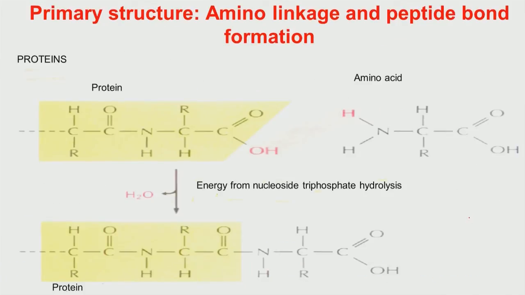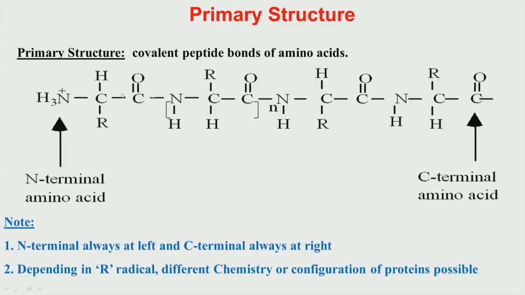But before that, let me explain how this protein structure is formed, or how the amino acid sequence is formed. So, you have one of the amino acids. This is how an amino acid is written.